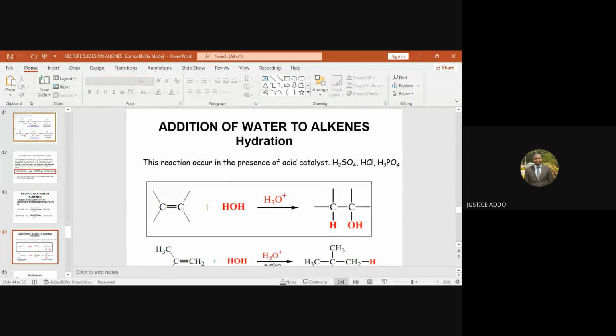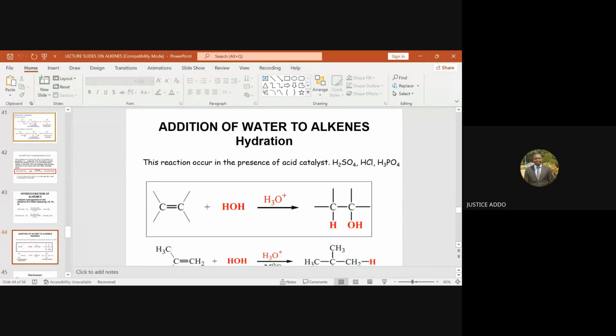Then the next reaction of alkenes is addition of water, which is hydration. Remember, we have looked at dehydration. So we had an alcohol and we remove water and we form an alkene. Now we have the alkene and we are saying that we can add water to form back our alcohol. But in both instances, we needed an acid catalyst.